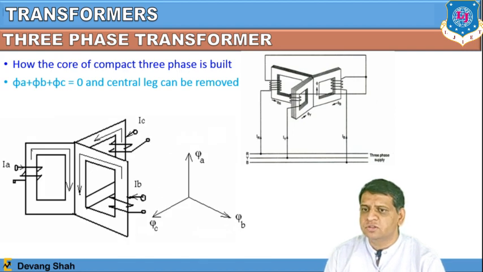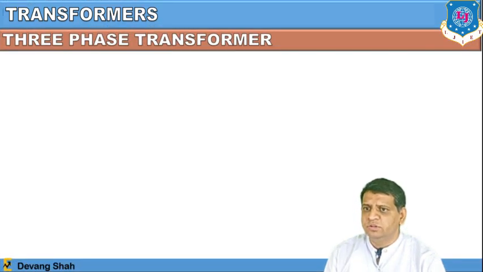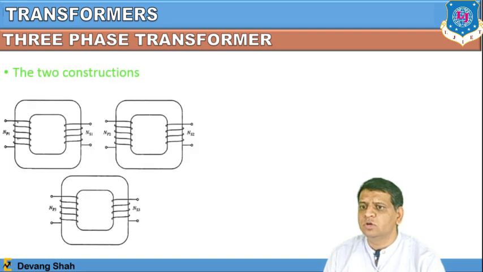So this is a simple construction of the three-phase winding, where on the outer limbs you can easily wind the primary and secondary windings, as shown in this phasor diagram. Now if you check here, there are two constructions of the three-phase transformer. One is separate transformers for each phase, where you have three separate cores, and in each core you have a primary and secondary winding.